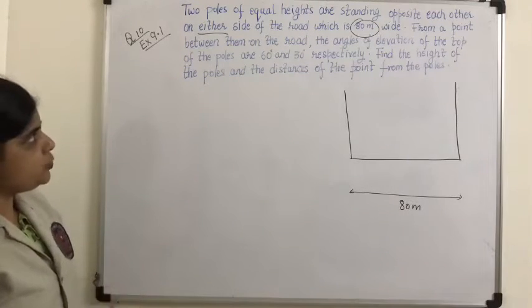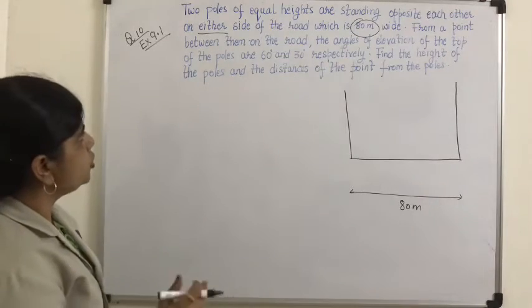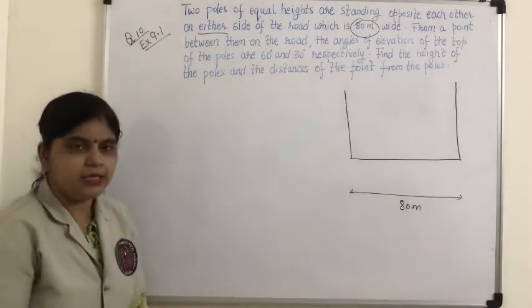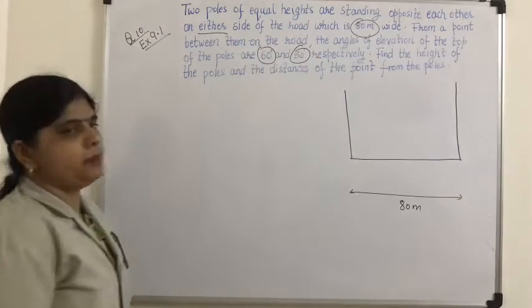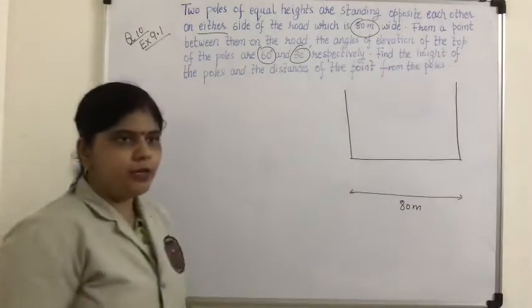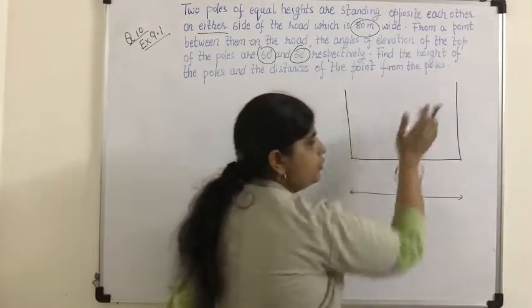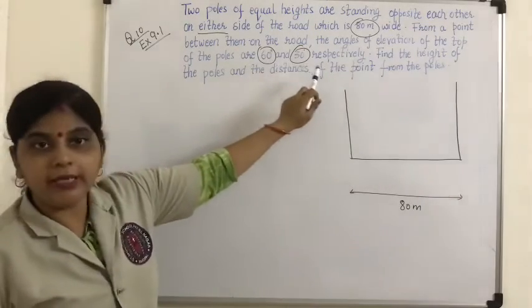From a point between them on the road, the angle of elevation of the top of the poles are 60 degree and 30 degree respectively. So from somewhere in between the road, if we are looking at both the poles, the angles of elevation are given as 60 and 30.